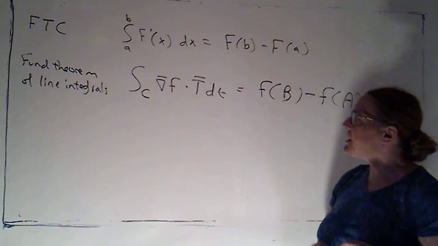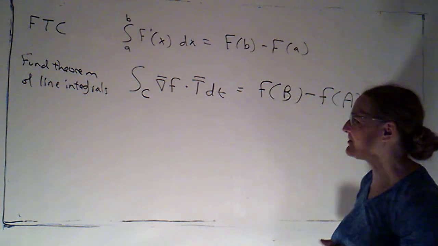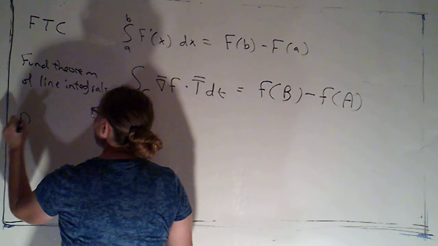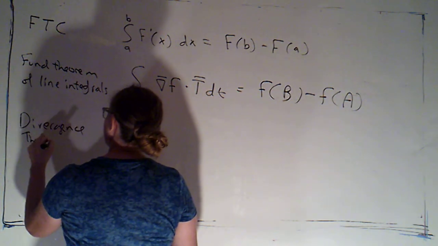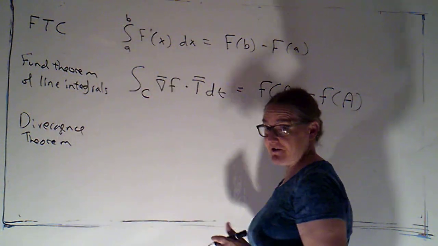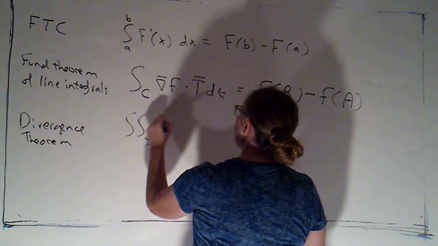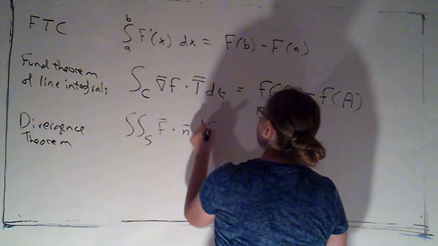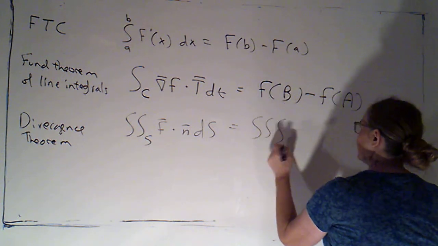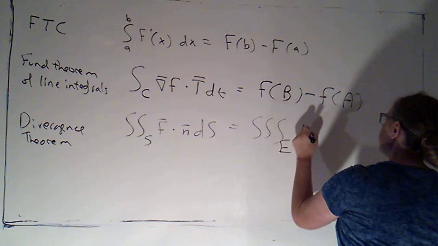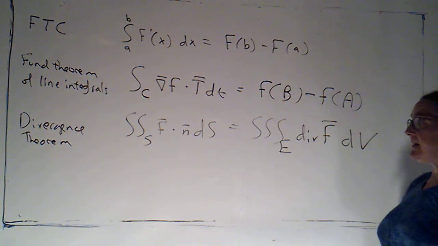Okay, I'm just going to go in the order in which we covered things, which is different from the order in which things were in the book. The next big theorem that we had was the divergence theorem. That was for flux integrals. That said, if I was working with the double integral over S of F dotted with n dS, I could instead do the triple integral over E of the divergence of F dV.